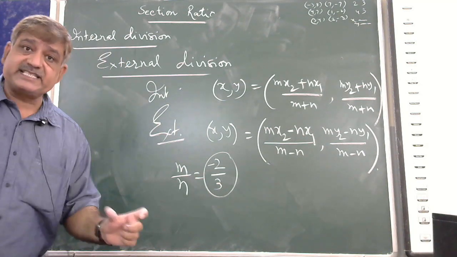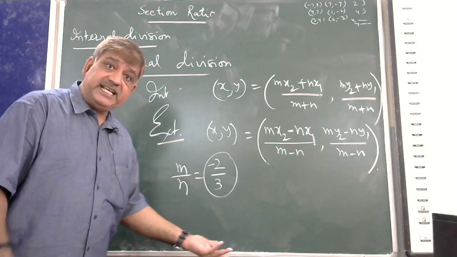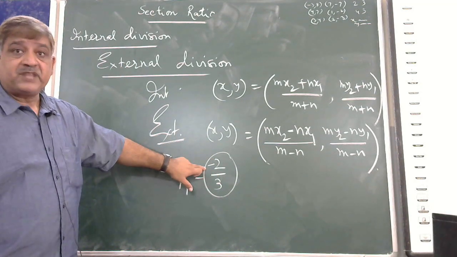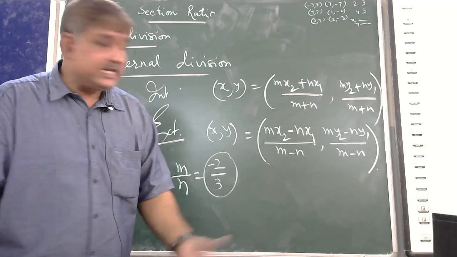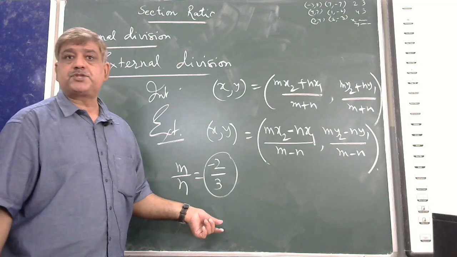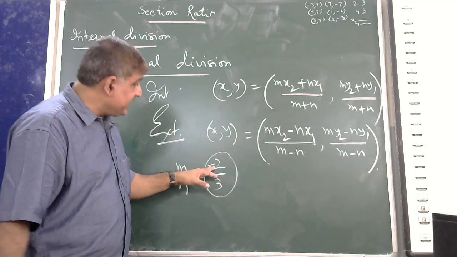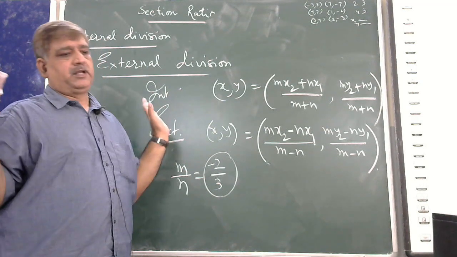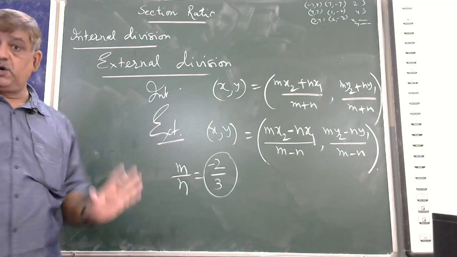It implies that the point divides externally in the ratio 2 is to 3. Don't take the minus. Minus indicates that your division is external and the ratio is 2 is to 3. Remember, any ratio is never negative. So minus implies only the case of external. So this is your concept for section ratio so far.